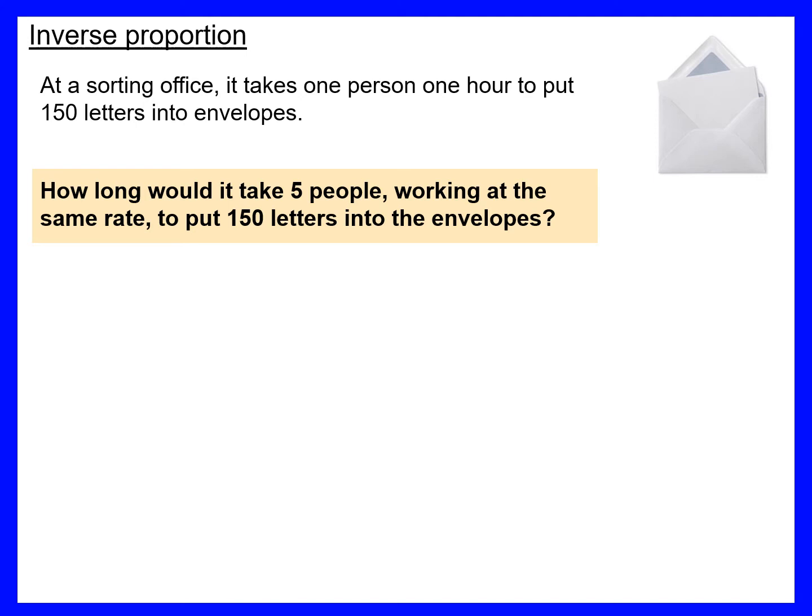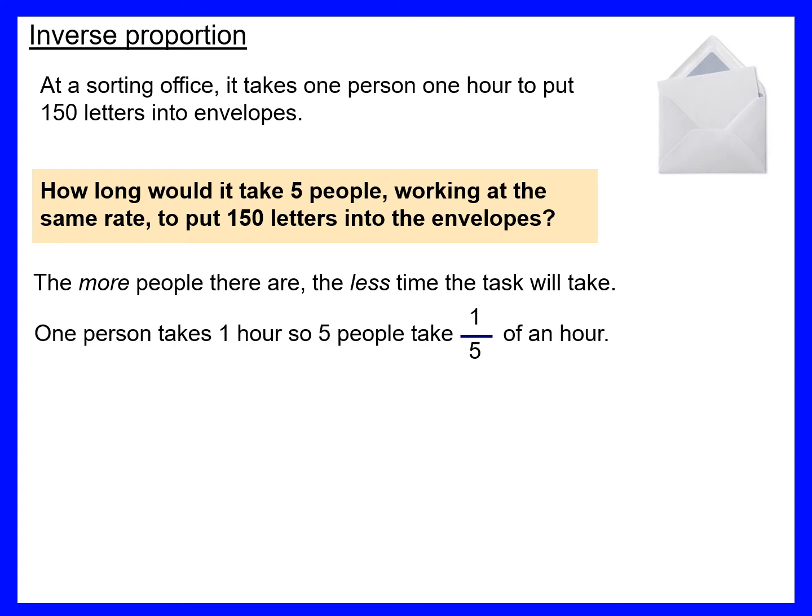Okay, so that's important. As we've got more people, it should take us less time to put them into envelopes. So if one person takes 1 hour, 5 people should take 1/5 of an hour. They're splitting up that hour between the 5 of them.